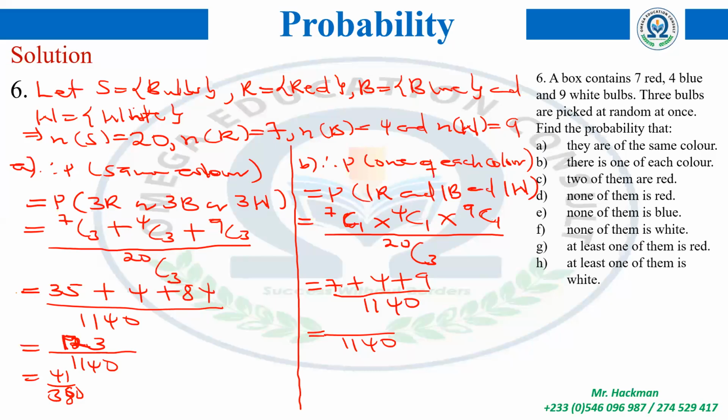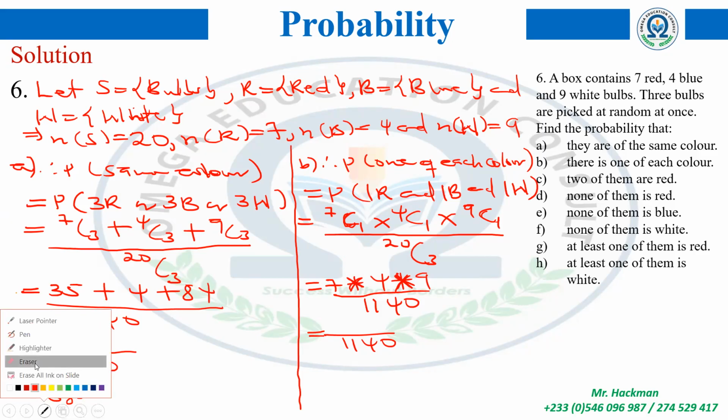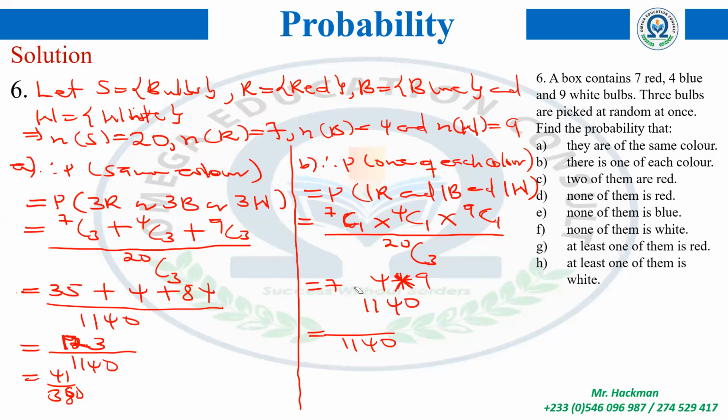Hey, you are adding, or don't multiply, please. You are adding. Oh, sorry, you are multiplying. Forgive me, I was rather wrong. Why was I adding? Okay, no problem. I will effect the change.